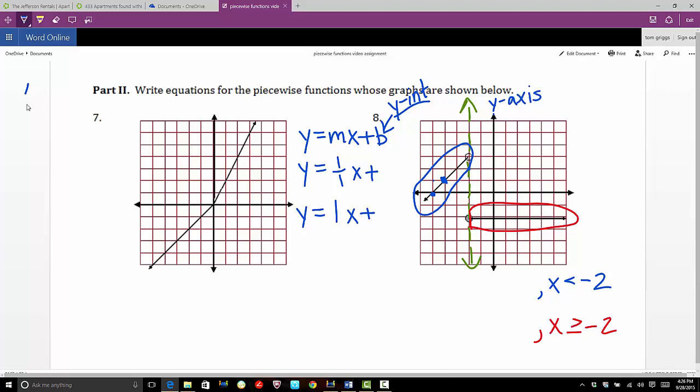So we're going to go up 1 over 1, up 1 over 1, up 1 over 1, up 1 over 1, and you should see this point is my y-intercept. So that's the point 0, 5. So that means my y-intercept is 5. So the equation we have circled in blue is y equals x plus 5.